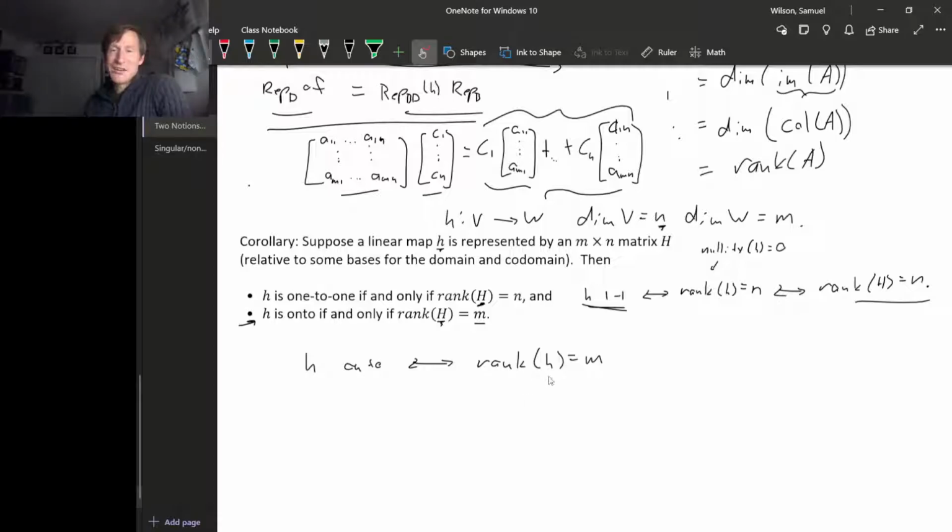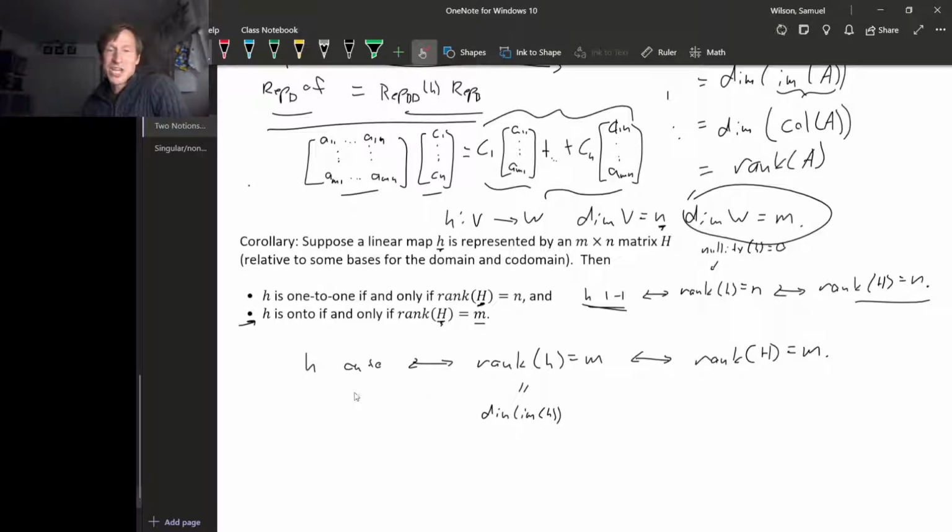Because the rank of H, we define this to be the dimension of the image of H, right? So to be onto, your image has to cover all of W, so the dimension of your image had better be m, right? But now we know that the rank of H is m if and only if the rank of capital H is m.